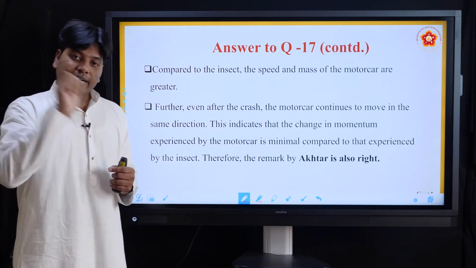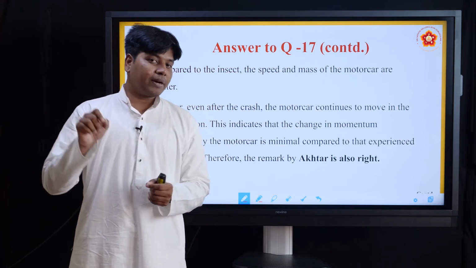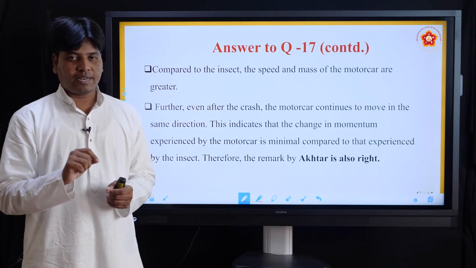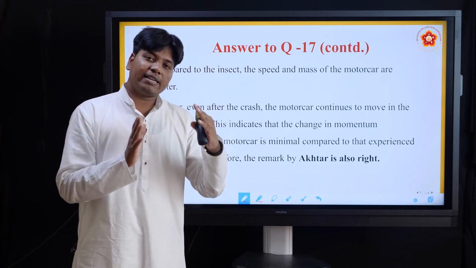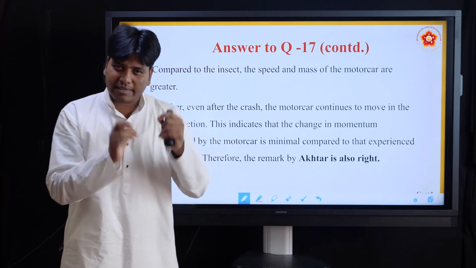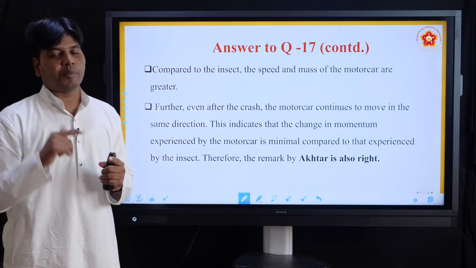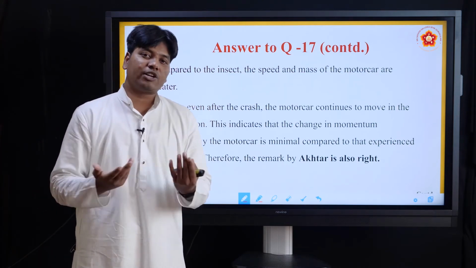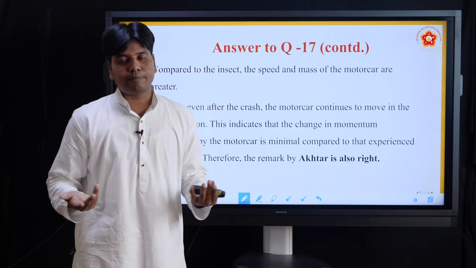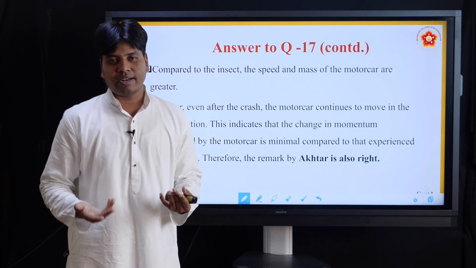So the greater change in momentum is experienced by the insect. Right? Now, if you have a greater change in momentum in a particular time, that means the rate of change of momentum is more. And what do you call the rate of change of momentum? It is nothing but force. Right?